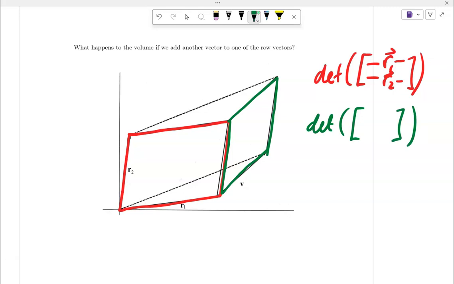What two vectors are making up that parallelogram in green? R2 and V, right? I'm going to put the R2 on the bottom just because that's where I have it in the other one. I'm going to make it match.